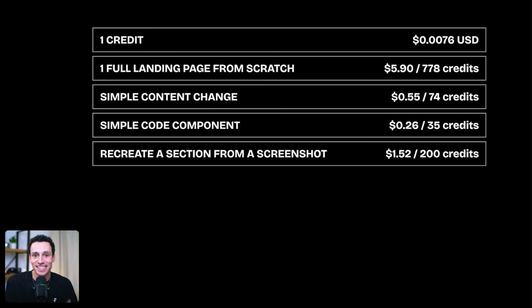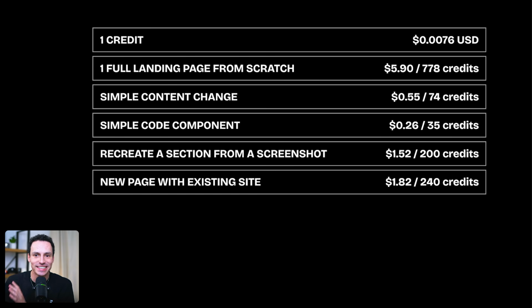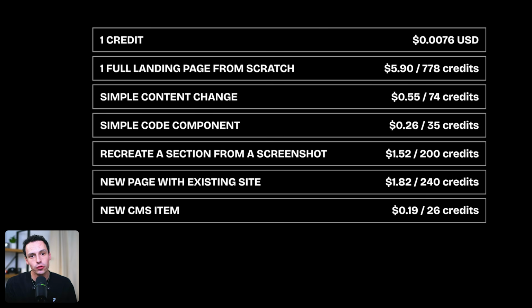To recreate a section from a screenshot that I uploaded, it was about $1.52 or 200 credits. To create a new page with an existing site, so utilizing textiles, color styles, existing sections, and components, the cost was much cheaper at $1.82, which was 240 credits. To create a new CMS item, the cost was 19 cents, which was 26 credits.